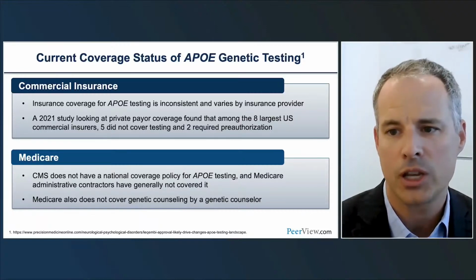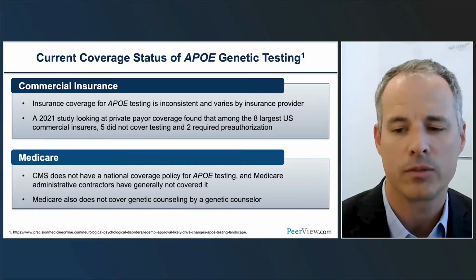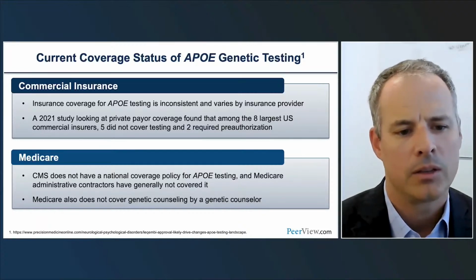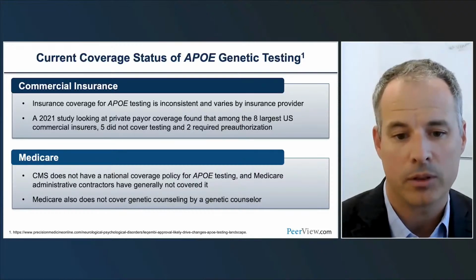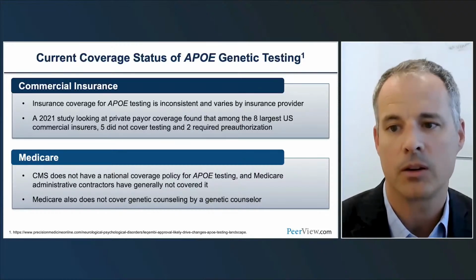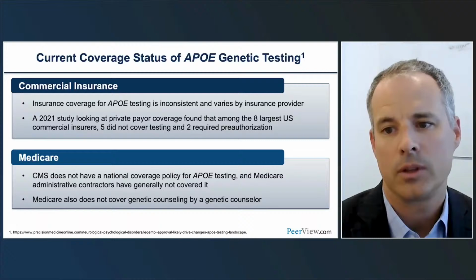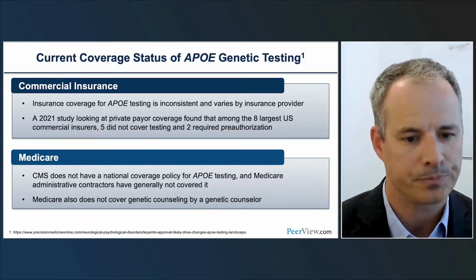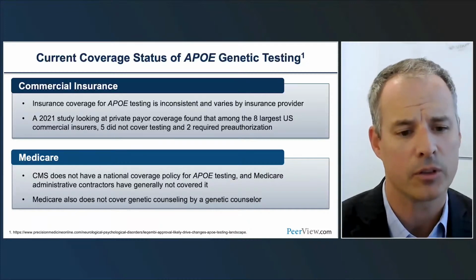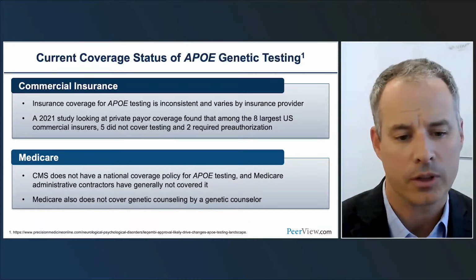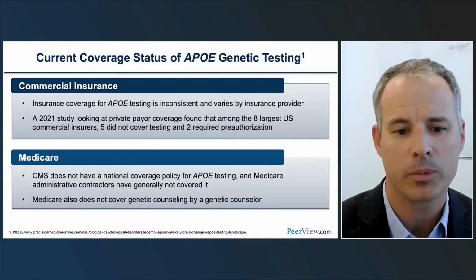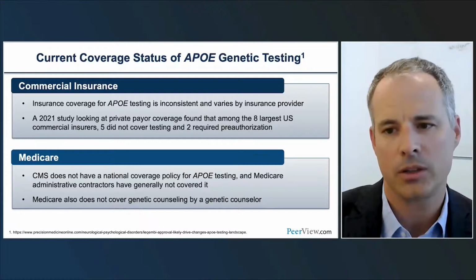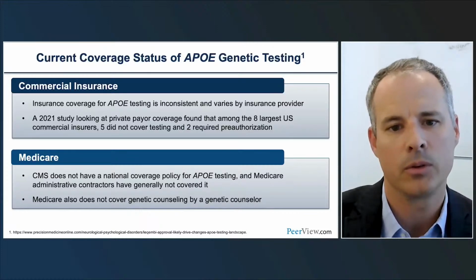Now, I don't know how this is changing so far in the face of anti-amyloid therapies. Medicare does not currently have a national coverage policy for ApoE testing, which is odd because Medicare does cover these drugs and all associated tests otherwise, but it's generally not covered at this point. It also doesn't cover genetic counseling. So these are potential expenses that are shouldered by the patient, and you have to consider that when you order this testing.